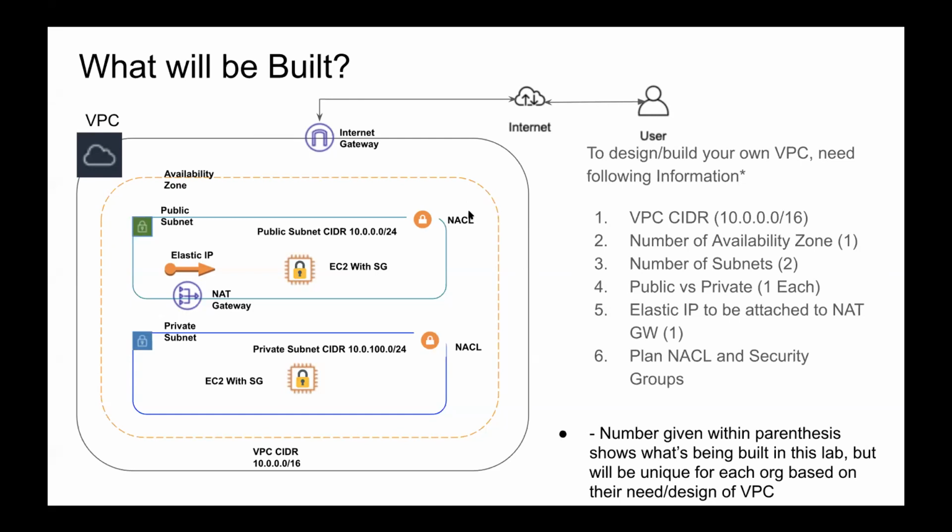So we will create two subnets, a public and a private subnet, in the AZ. The goal is to instantiate an externally accessible web server. That's what is going to be sitting in the public subnet.